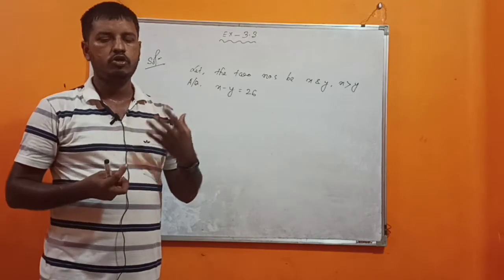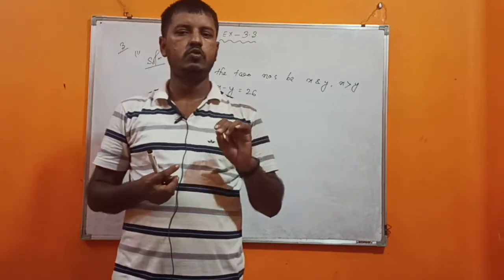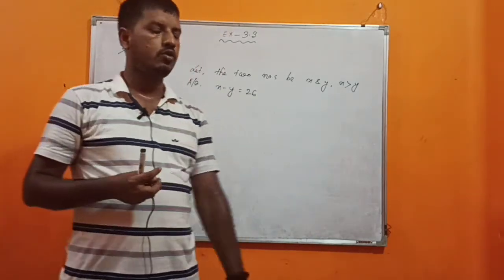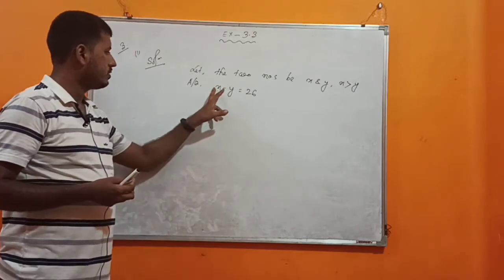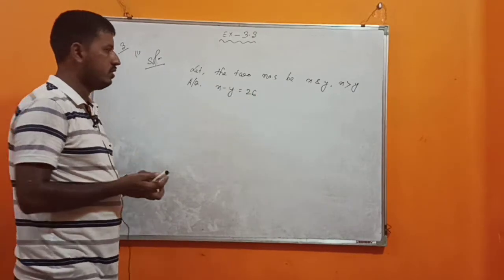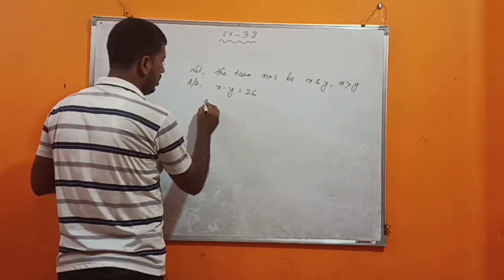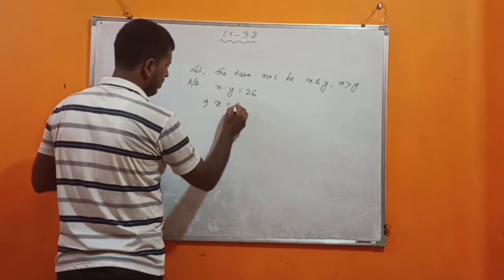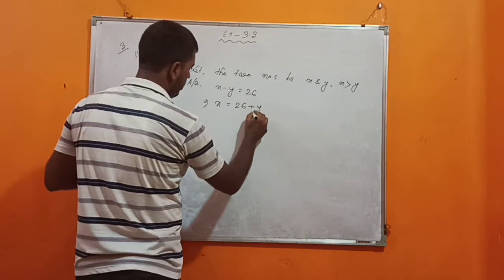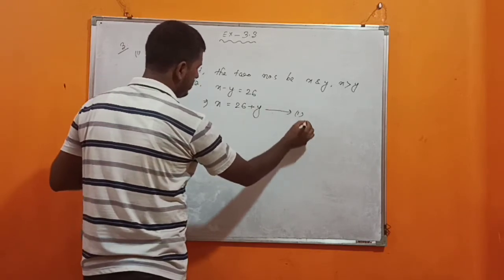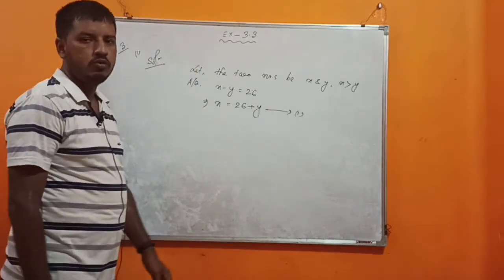It is given in the question that the difference between these two numbers is 26. So for that I have taken x minus y equal to 26. So I am writing here x equal to 26 plus y. Just like the method of substitution, we will try to solve.